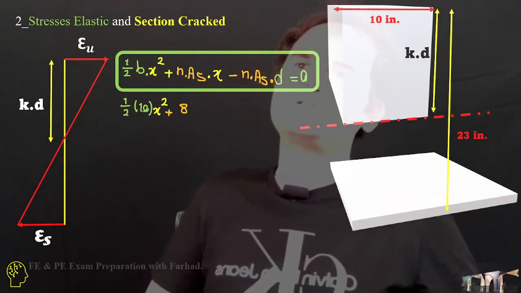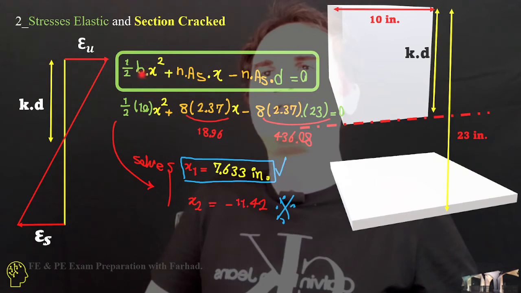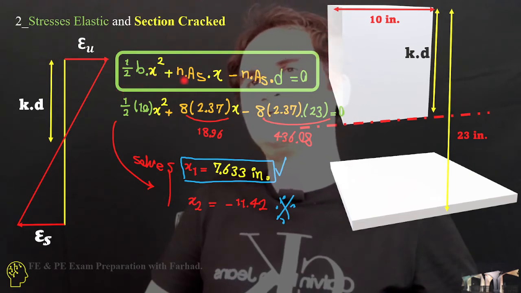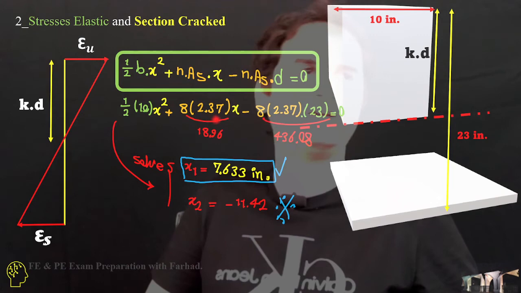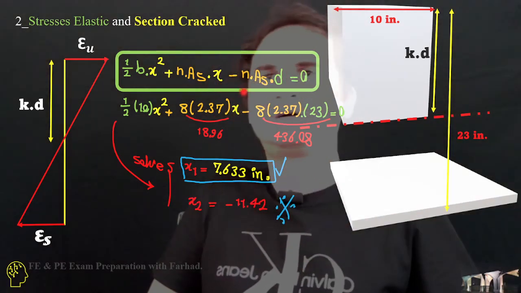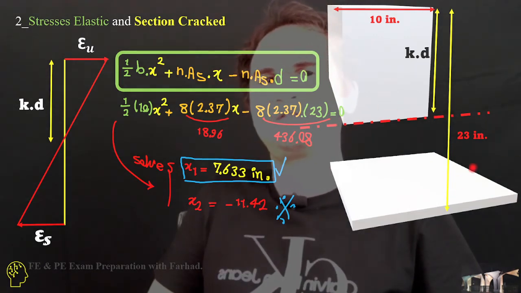Just to be on the same page, if you replace the numeric values of our problem, a half of b, which is the width of the section, 10 inches, times x squared plus n, which is 8, As, which is 2 times 3.79 for 3 in a row of rebars, times x minus again 8 times As times effective depth, which is 23 inches.